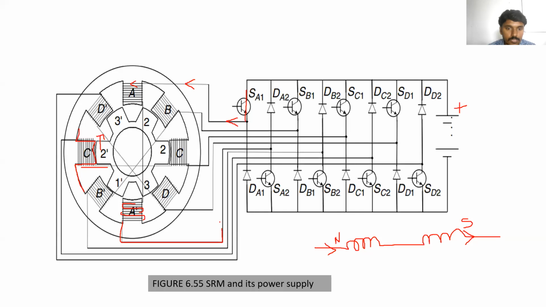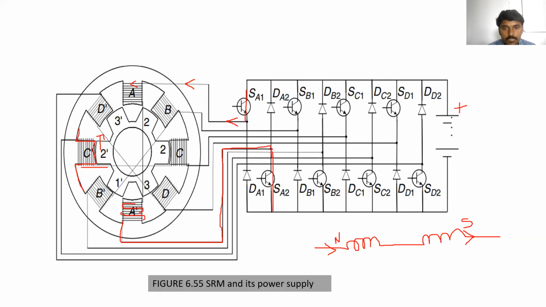Next, where is it connected? Here it is connected. So which switch should be closed now? SA2 should be closed. Yes, exactly.